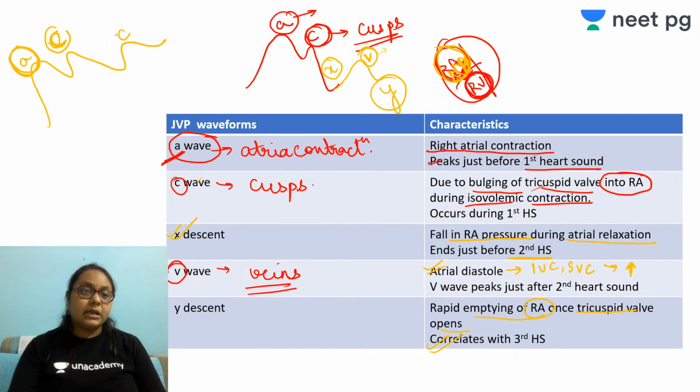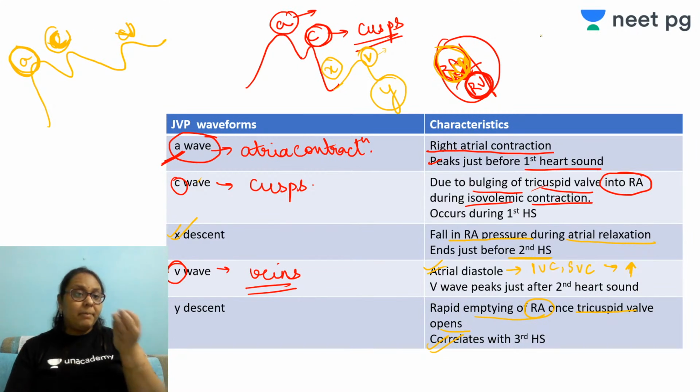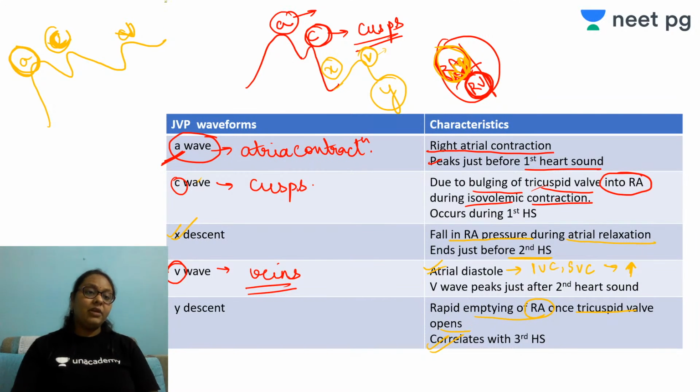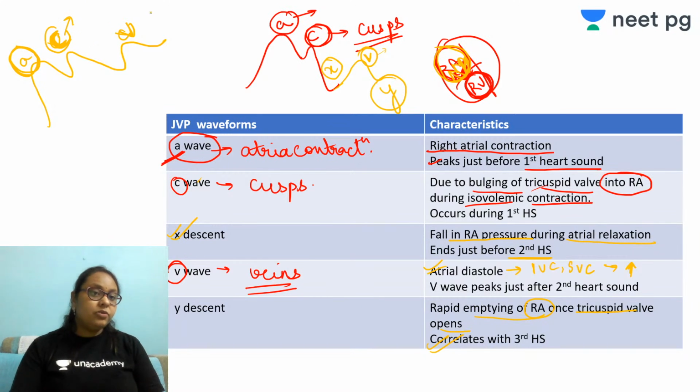C से क्या याद रखना है, C से याद रखना है, that is because of the cusp. So that happens because of the bulging of the tricuspid valve into the right atrium, and that will happen during the isovolumic contraction. ये याद हुआ. V wave, atria is in the diastole, it is receiving the blood from the IVC and the SVC, that's why it is there.